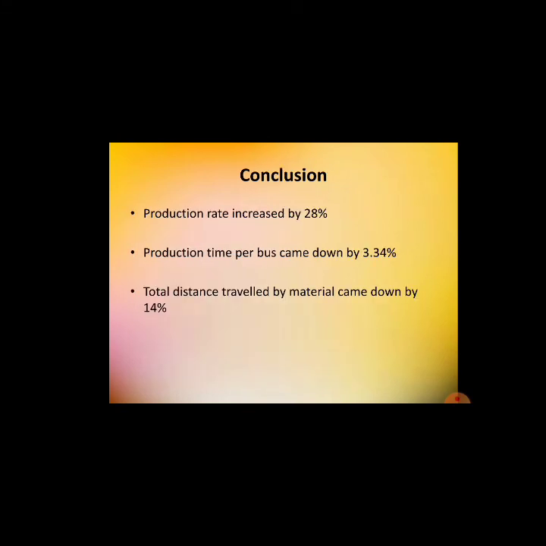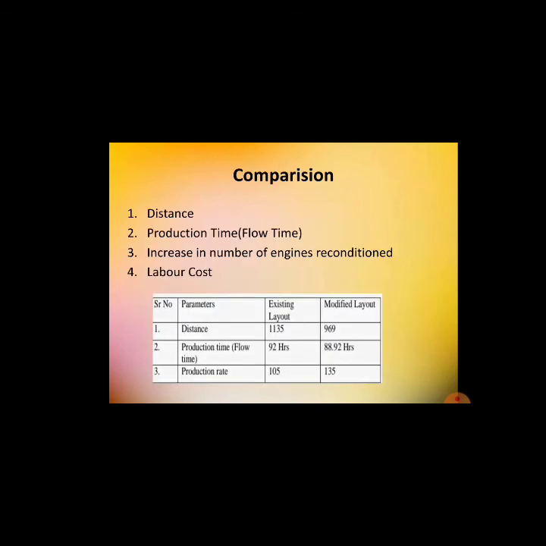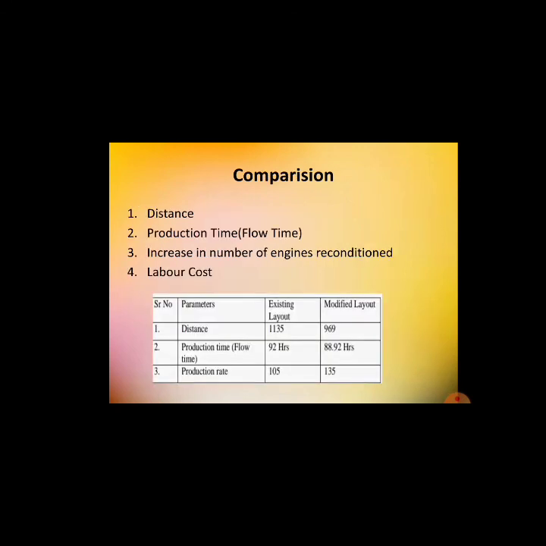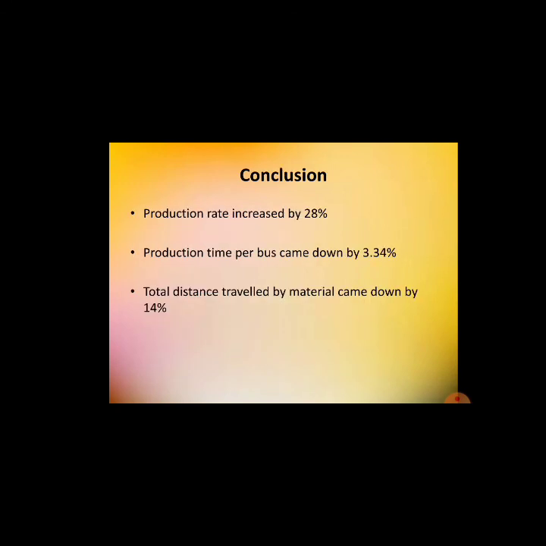The production time per bus, which previously was 92 hours, came to 89.2 hours, a decrement of 3.34%. The total distance previously, which was 1135 feet, came to 969 feet, a 14% decrement in the distance.